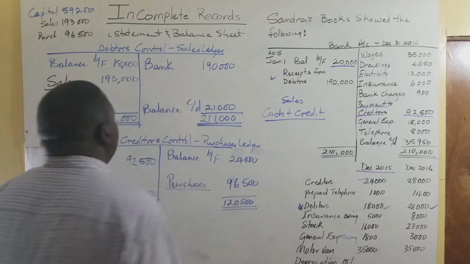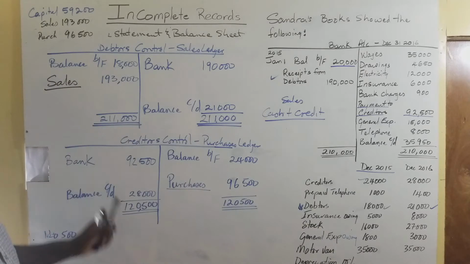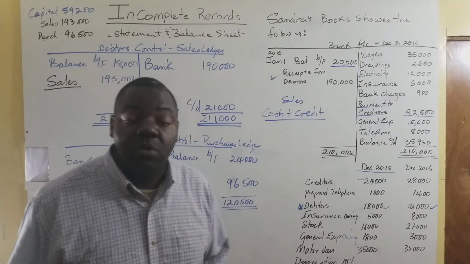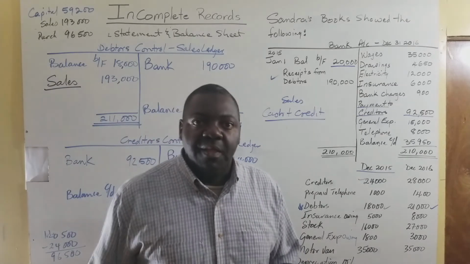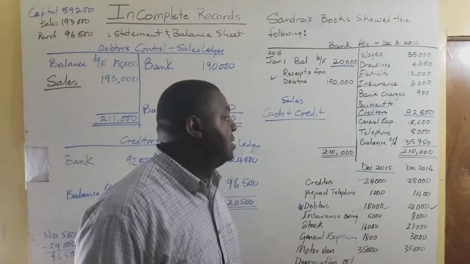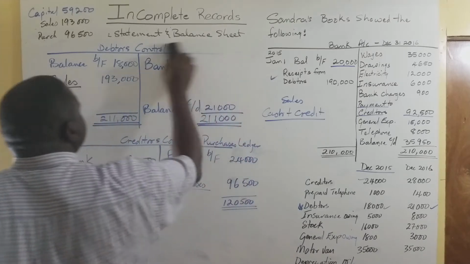So our next move, now that we have found the sales and our purchases, the other adjustment we're going to do now has to do with the expenses. We're going to do some adjustments to get the total figure to move to the income statement.